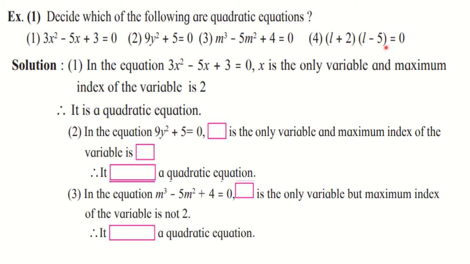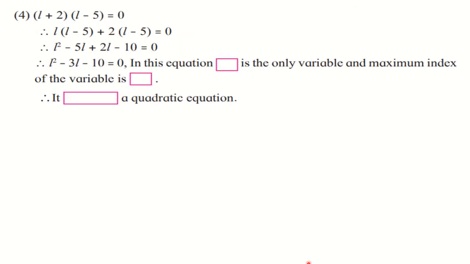Here, two brackets are given: L plus 2 and L minus 5 is equal to 0. Now, to check for it, we have to open the bracket. Okay, so let us see how to do it. L plus 2 and L minus 5, you know how to open the bracket. See, here L is written, the first term of the first bracket, and the second bracket is written as it is.